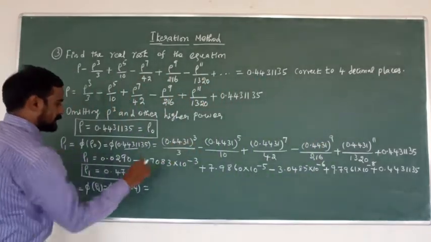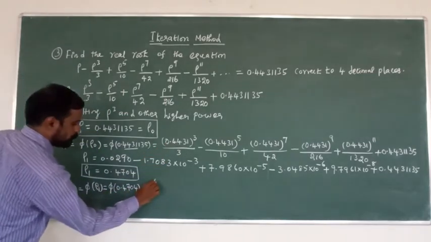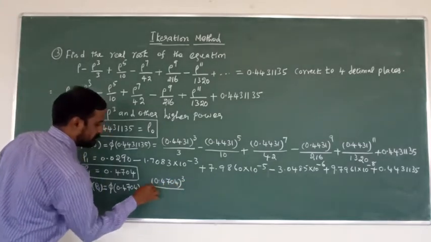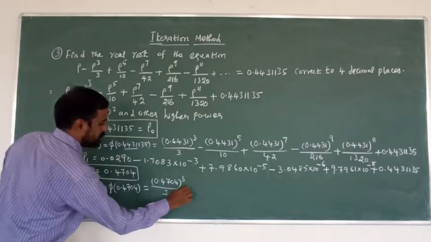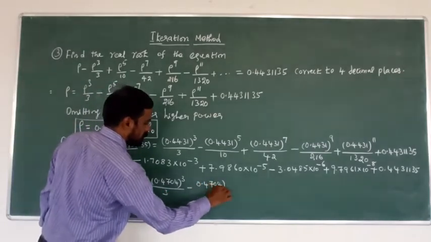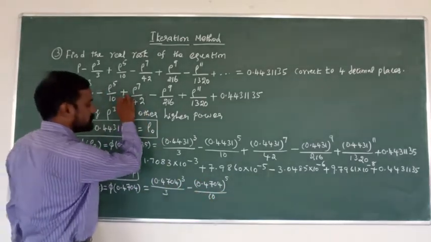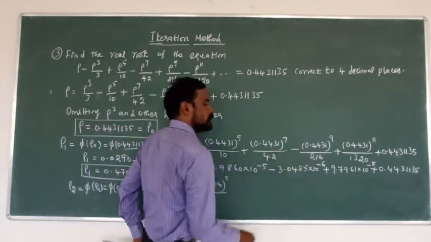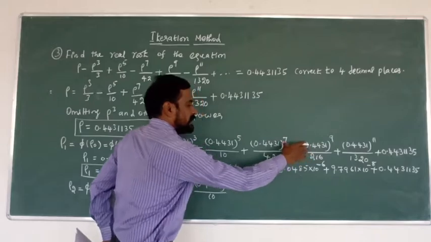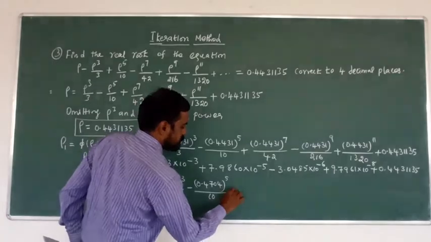So we take up to this one: rho cube, 0.4704 cube divided by 3, minus rho power 5, 0.4704 power 5 divided by 10.